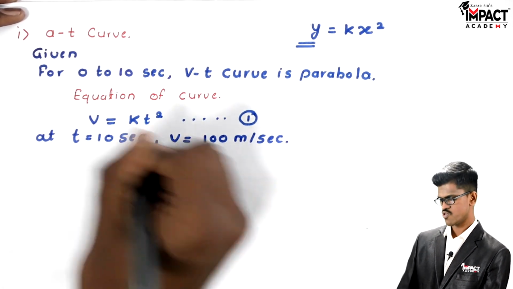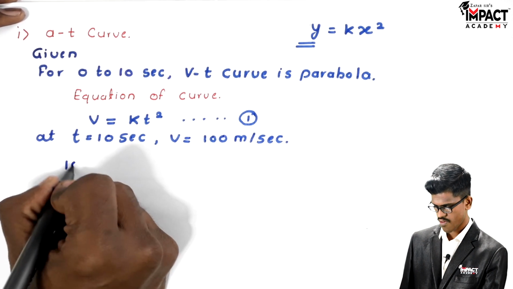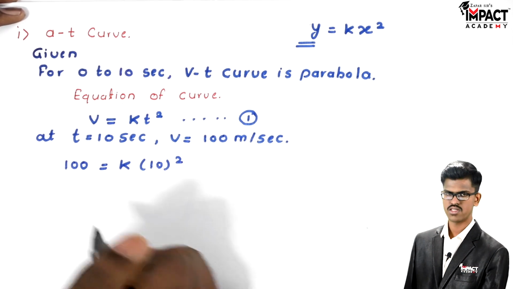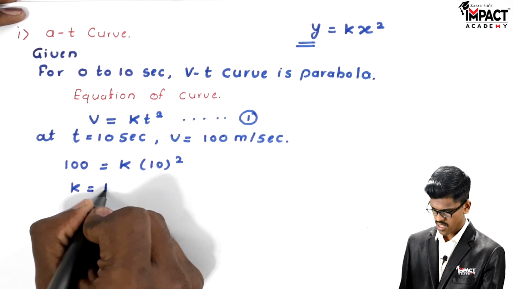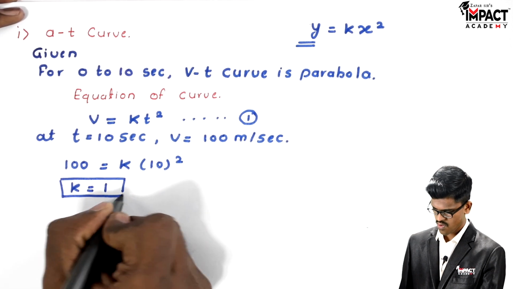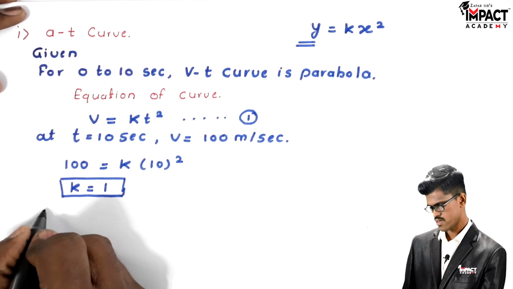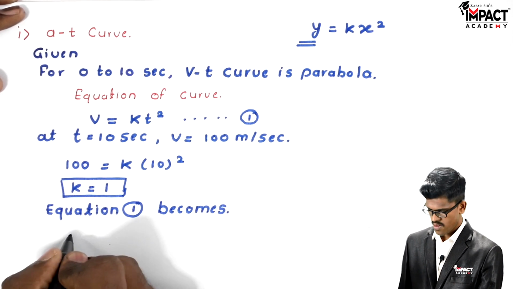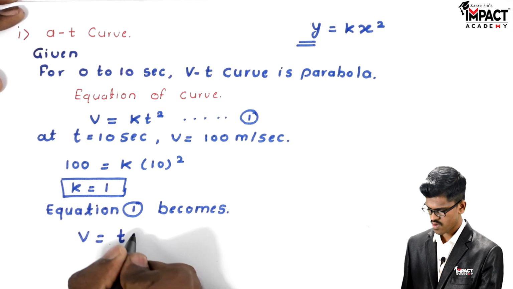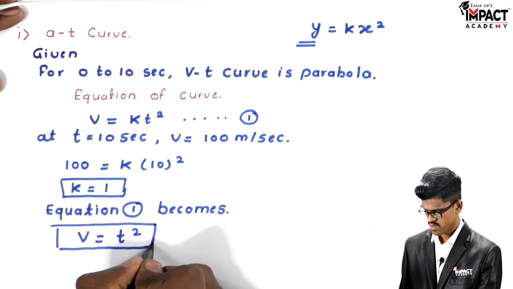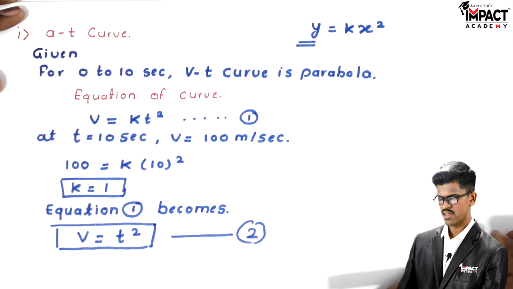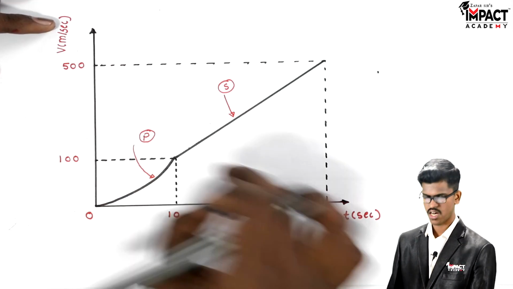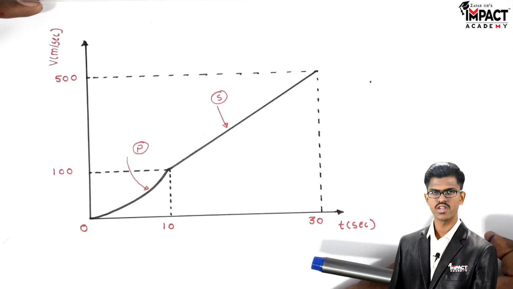If we substitute this value, 100 is equal to k times 10 square, we get k is equal to 1. So the equation becomes v is equal to t square. So we get the equation of this VT curve for the time interval 0 to 10 seconds.